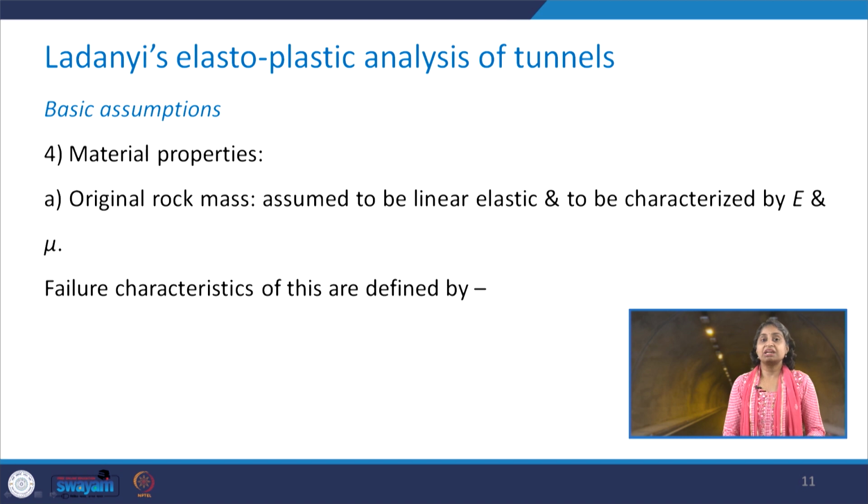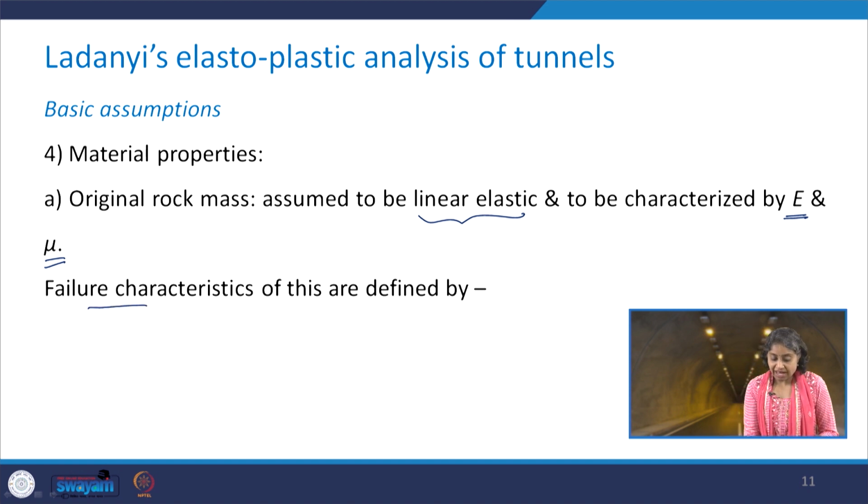Coming to the material properties, the original rock mass is assumed to be linear elastic, and therefore it is characterized by E and mu. E is the modulus of elasticity and mu is the Poisson's ratio.